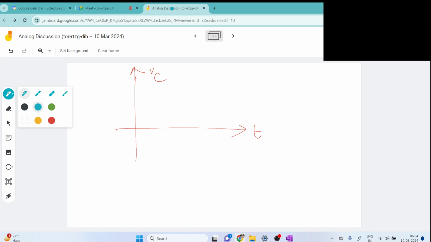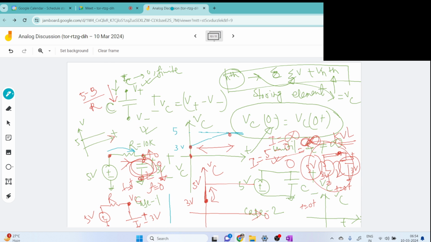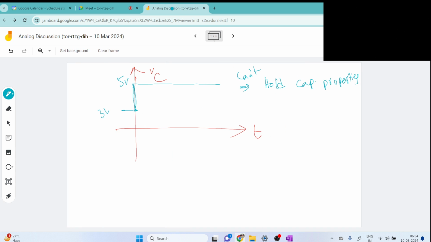Previously it was 3 volt and instantly it charged to 5 volt and then it settled. This is called instant charging. Here the capacitor cannot hold this property. We all know it can hold the previous voltage, but in this case this is not happening.